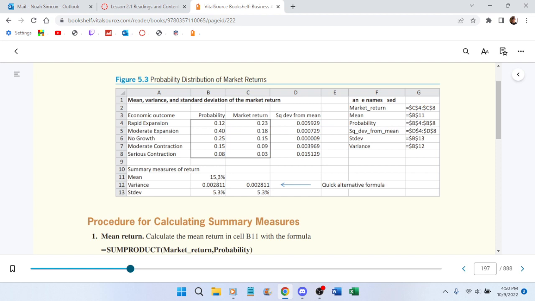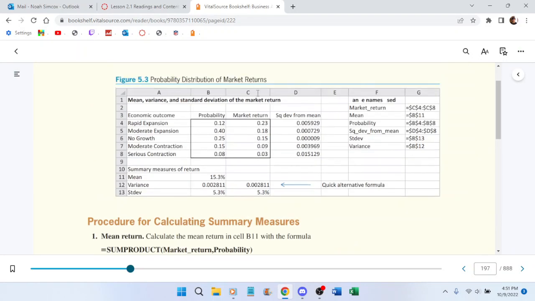B12, variance. So they have the maximum thing here. Like, what?